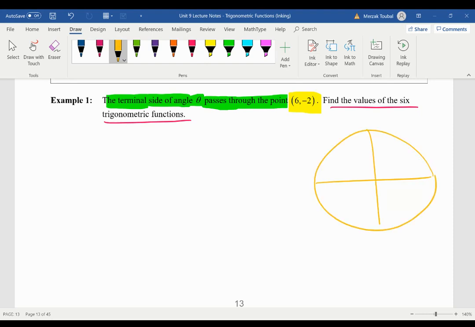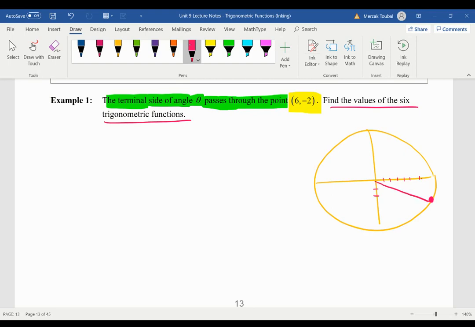This is our circle. If this point has an x-coordinate 6 and a y-coordinate -2, so let's say 1, 2, 3, 4, 5, 6, and 1, 2, the point will be somewhere here. A bit off, but it's somewhere there.